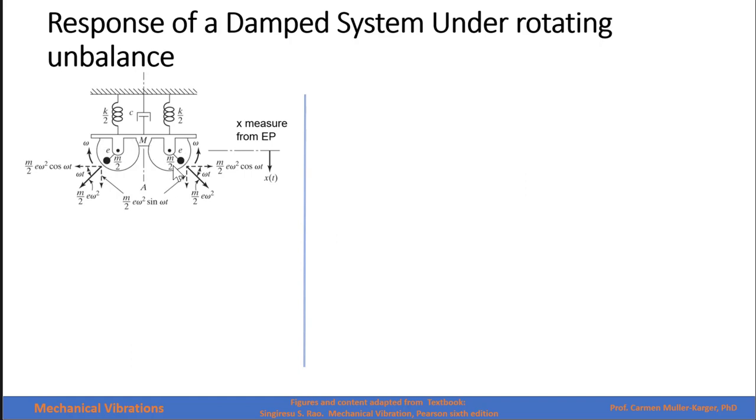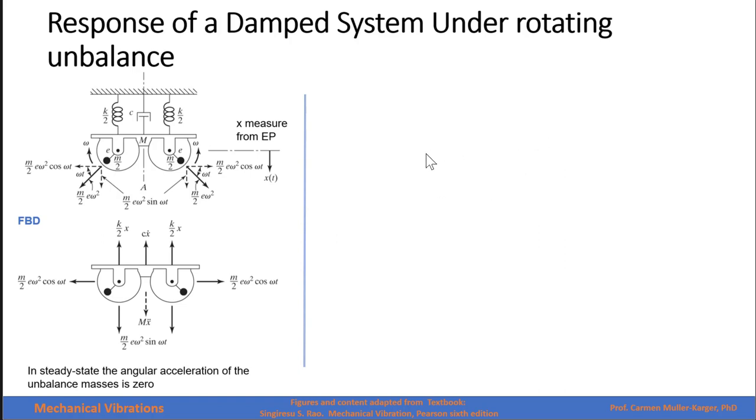The centrifugal force caused by the normal acceleration of each of these masses will cause an excitation over the mass m. The horizontal components of this force will cancel out and the vertical components will add to 2 times m/2 times e, which is the eccentric distance, times omega squared sine of omega t.